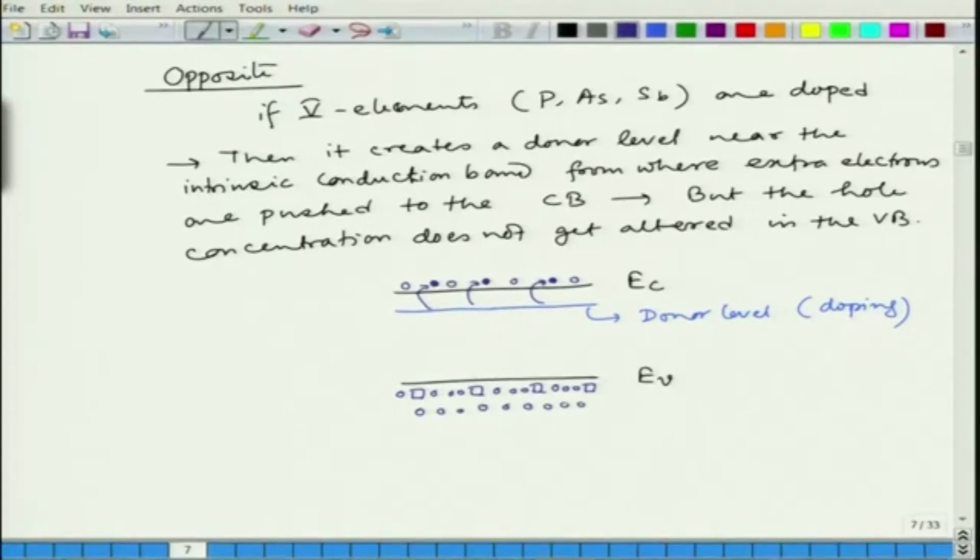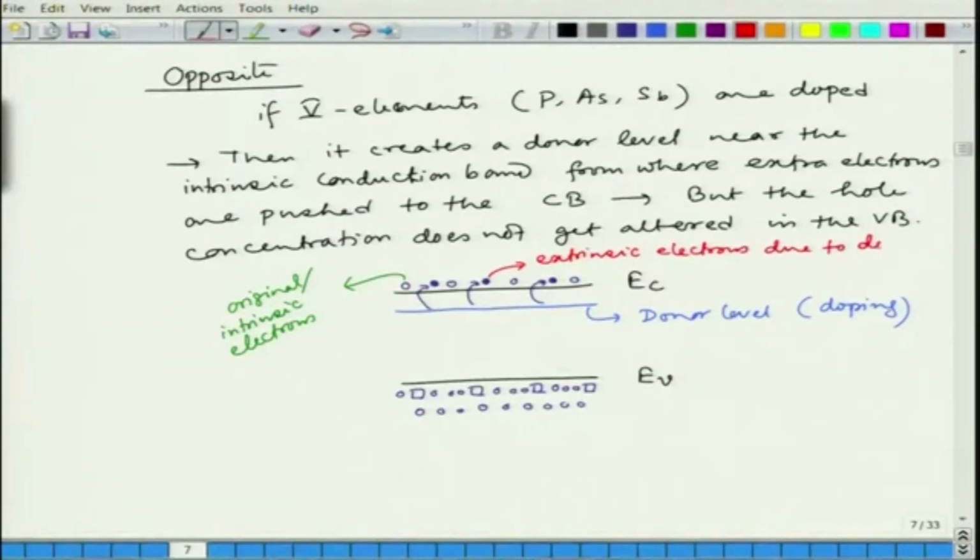So, here we distinguish between these two. One is original or intrinsic electrons, and these are extrinsic electrons due to doping.